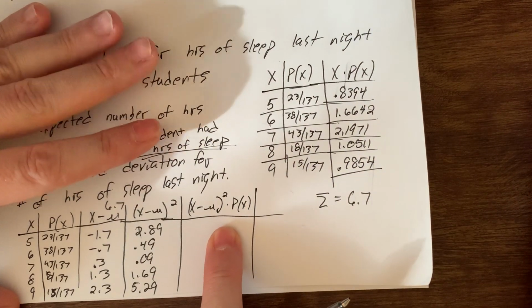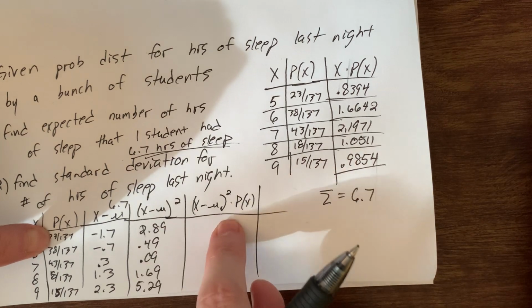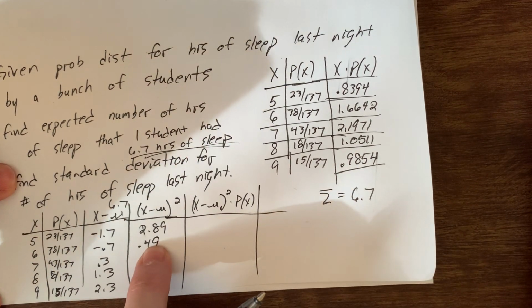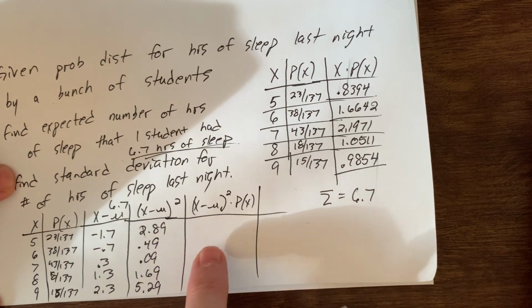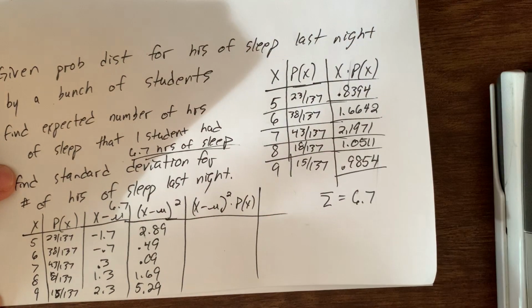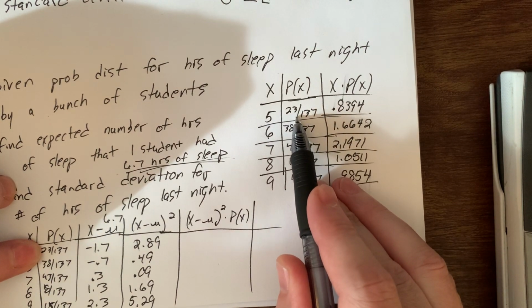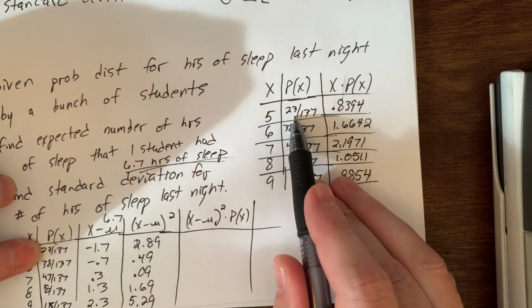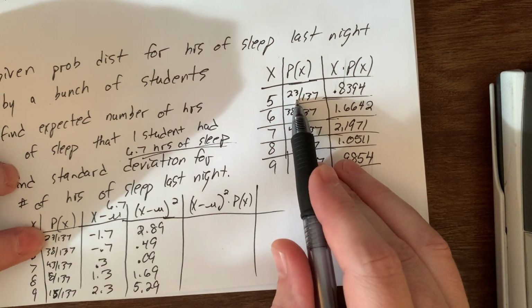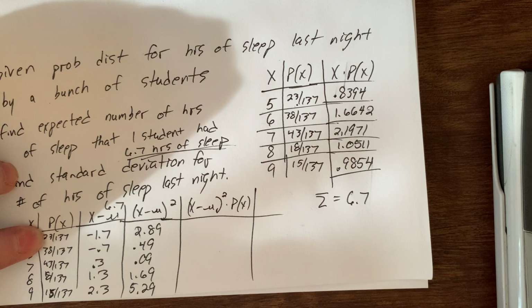I'm taking this value times this probability, and that goes here. This value times this probability, and that goes here. That's how I'm filling in this column. And now you could see, everybody, if you already made these decimals, maybe that shortens a little bit of work, but there's no problem leaving these as fractions for this type of setup. Because now when I do the arithmetic, I just input them as fractions.